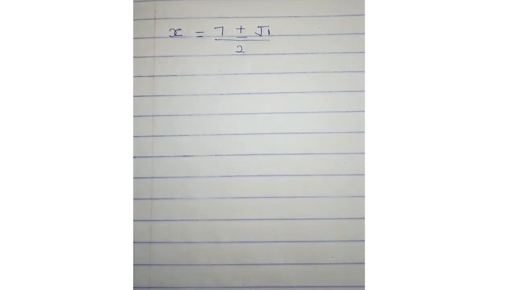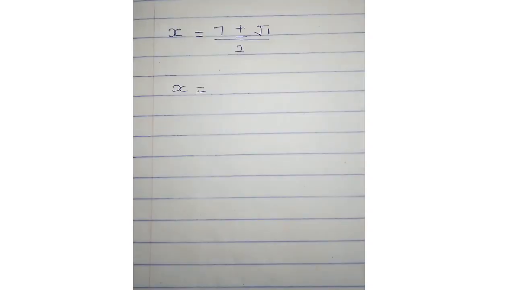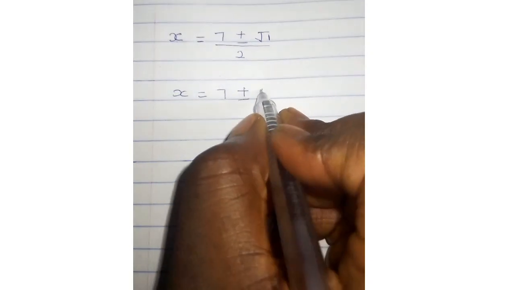So we're going to have x equal to 7 plus or minus the root of 1, all over 2. The root of 1 is 1, so we can write x as 7 plus or minus 1 all over 2.